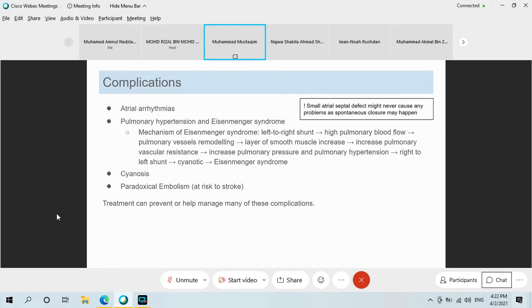But because of the flow, it will go to the artery instead. When it goes to the internal carotid artery, it will go to the brain, block the blood vessel of the brain, and cause stroke. So treatment is used to treat the complication.